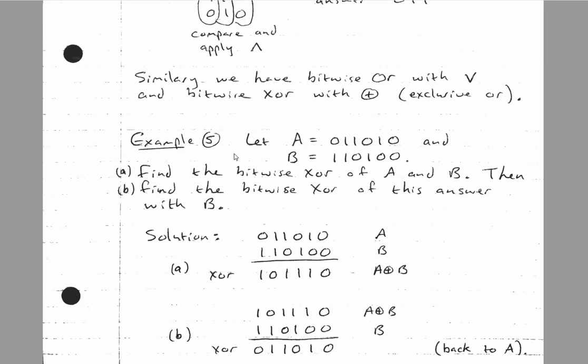So example 5, let's see if I got this one right. A is this bit string, length 6. Here is B. First find the bitwise exclusive OR of A and B. And then the second part, find the bitwise exclusive OR of the answer from the first part with B again.